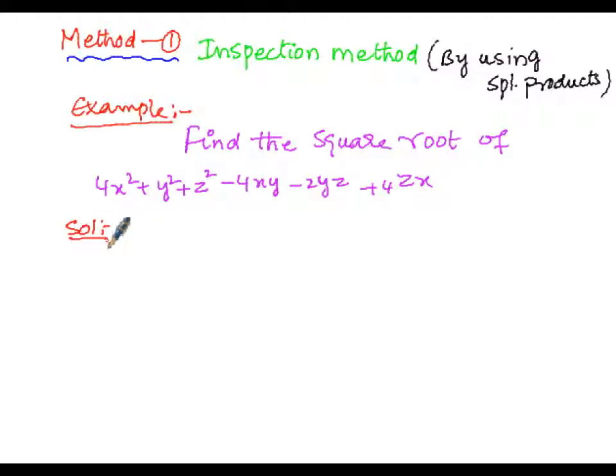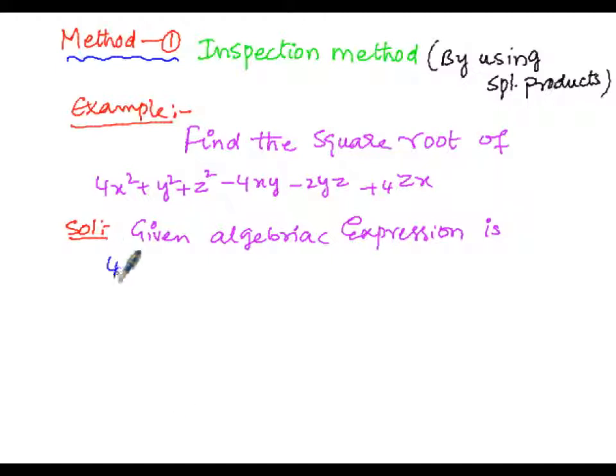Now the solution starts. As per the problem, the given algebraic expression is 4x square plus y square plus z square minus 4xy minus 2yz plus 4zx.